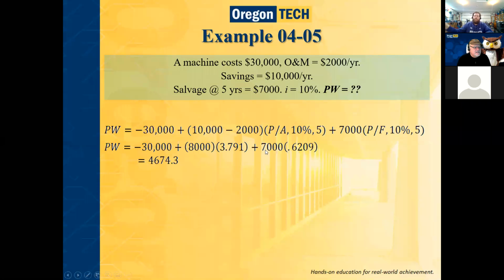You also got to discount that $7,000 that you're going to sell it for in 5 years. So you go down to your present value of a future amount. Future amount is $7,000. Well, the present value factor at 10% for 5 years is 0.6209. So you multiply that out and it nets to 4674.